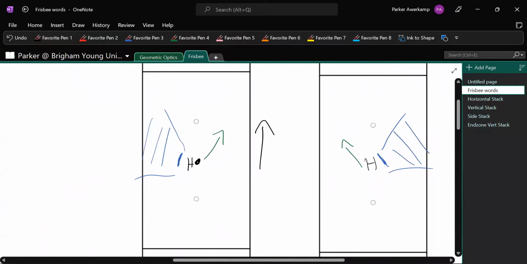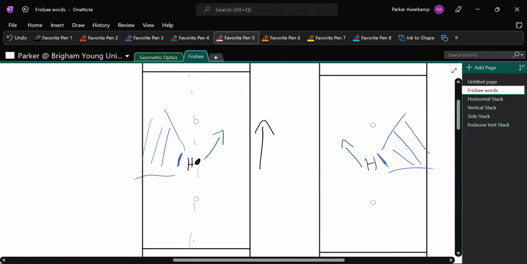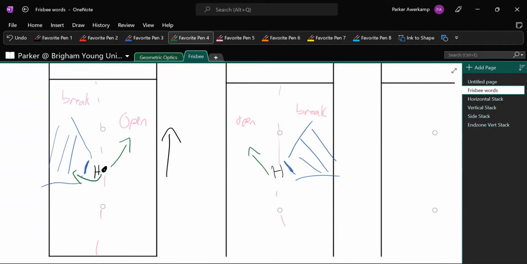So in our examples here, this is the open side of the field, this is the break side of the field. And here, just the opposite, it's open side and the break side. If the handler throws onto the side of the field that you don't want them to throw to, it's called a break throw, or breaking the mark.